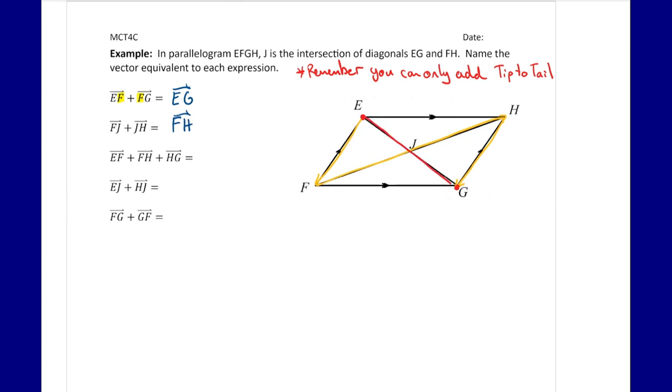So the resultant in this case is just EG. Even though you might wonder, how does that make sense, shouldn't it be a little bit longer? You're basically looking at the displacement, so to speak, where you started and where you ended up. So in this case, all these vectors work out to EG.